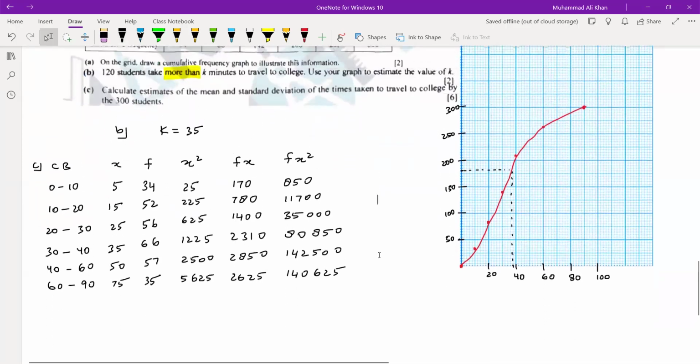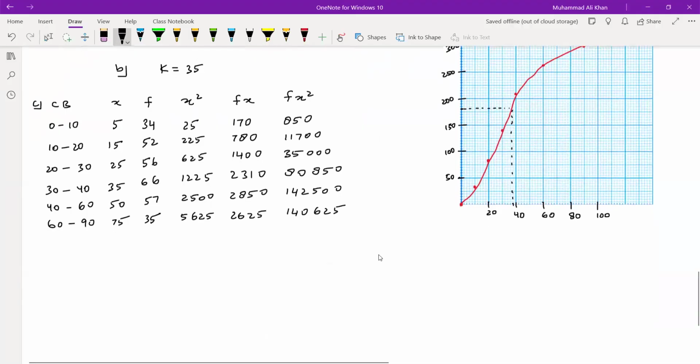Now we have to calculate the mean and standard deviation. So now for mean, we have a formula. Summation of fx divided by summation of f. So now we are calculating f. So 34 plus 52 plus 56 plus 66 plus 57 plus 35. It is 300.